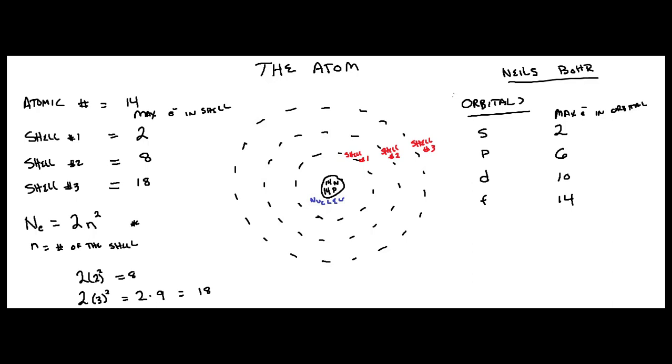Now suppose we have, well, how are we going to write this? Let's think of an example, right? If we think of an atom, nitrogen, nitrogen has an atomic number of 7.